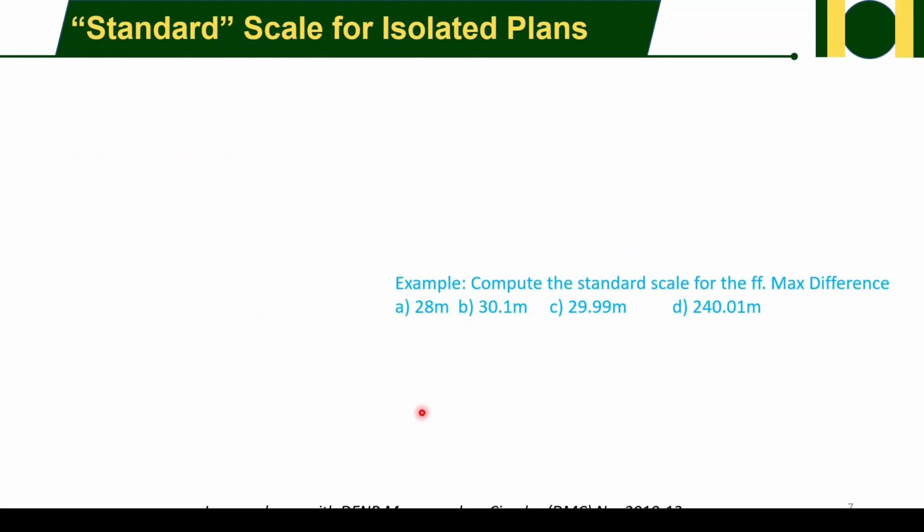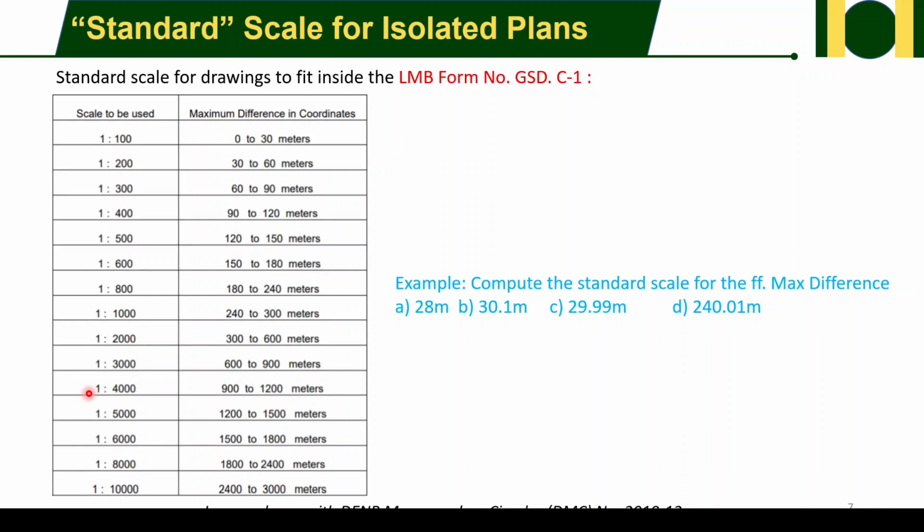Before I illustrate how to prepare the isolated plan, I would like to introduce the standard scales for an isolated plan, or the standard scales that will fit inside the LMB form number GSD C-7.